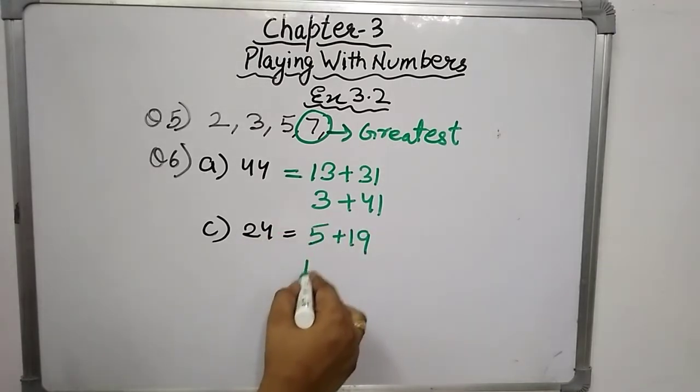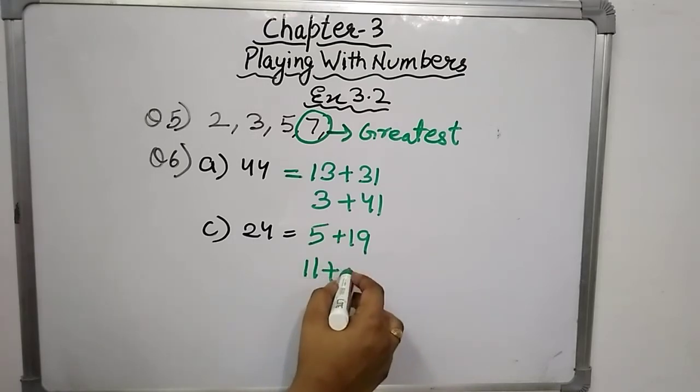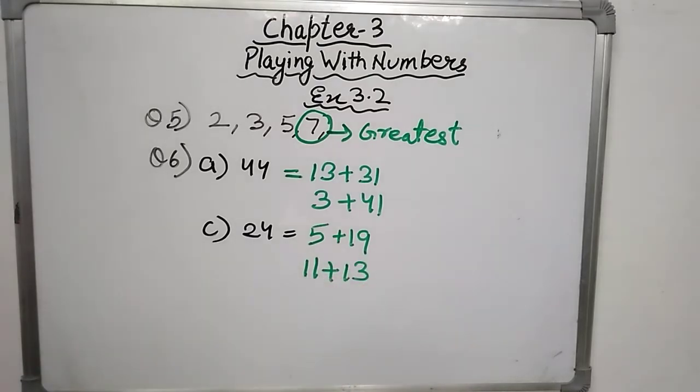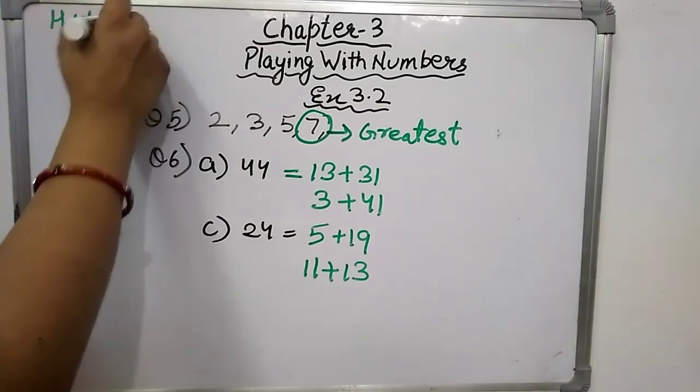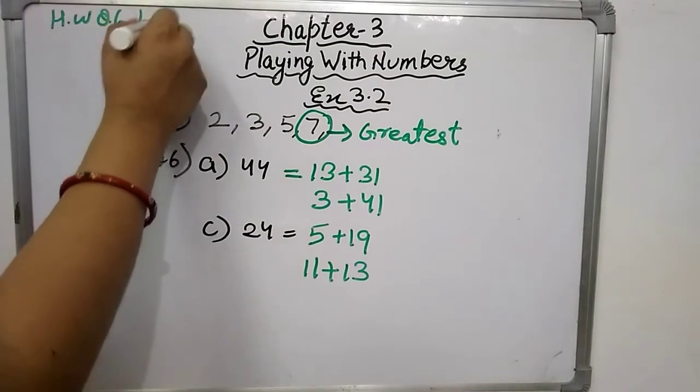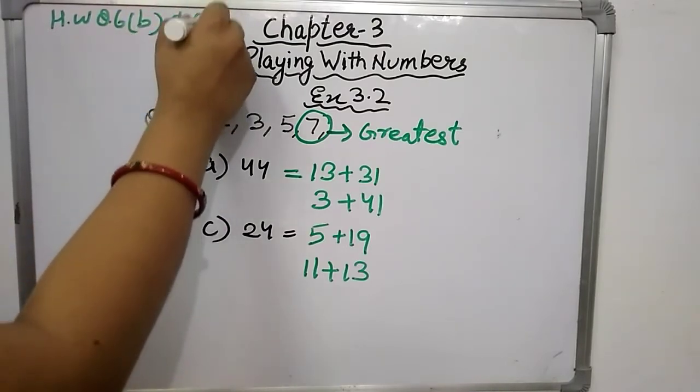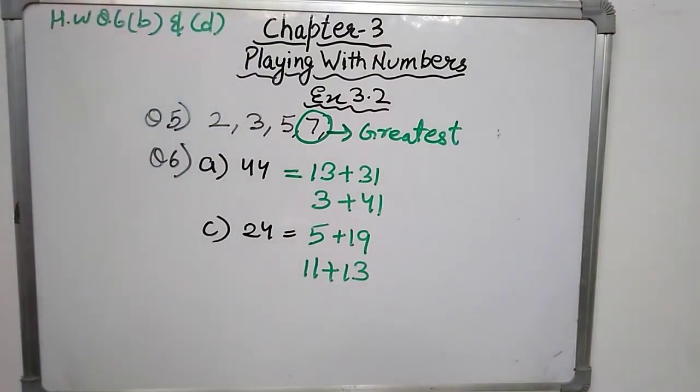Another pair could be 11 and 13. The rest two parts, B and D, you will do as your homework. Alright.